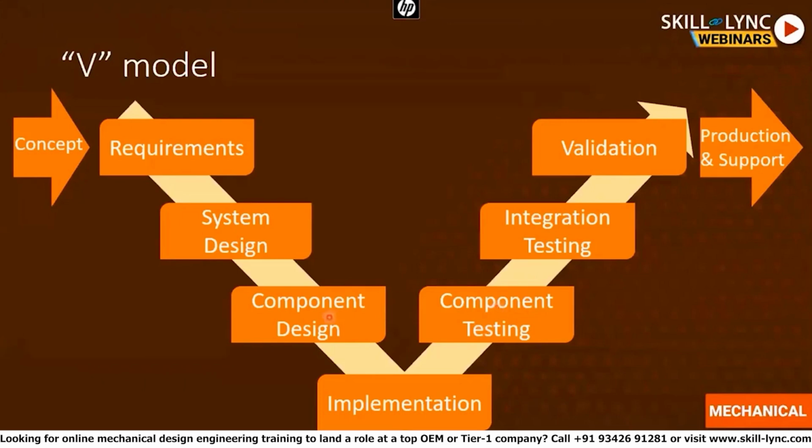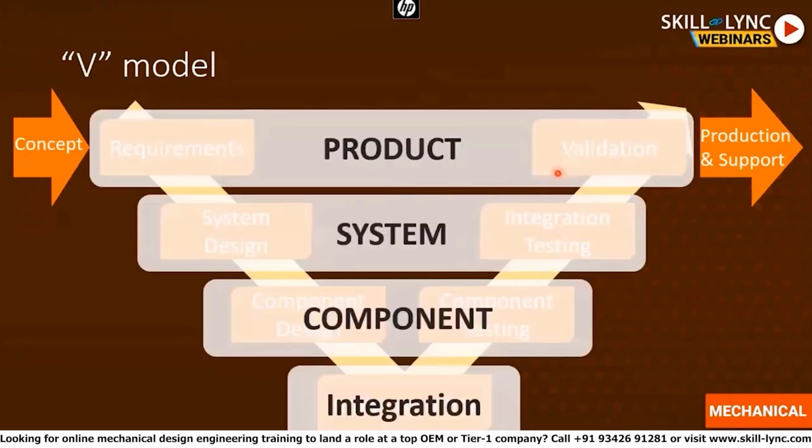Each component that was designed individually has to be tested. Then integration testing: after integrating components into a single system, it has to be tested. Each system has to be tested individually, and after that the systems will be integrated into a final passenger car. So the final validation will happen here.